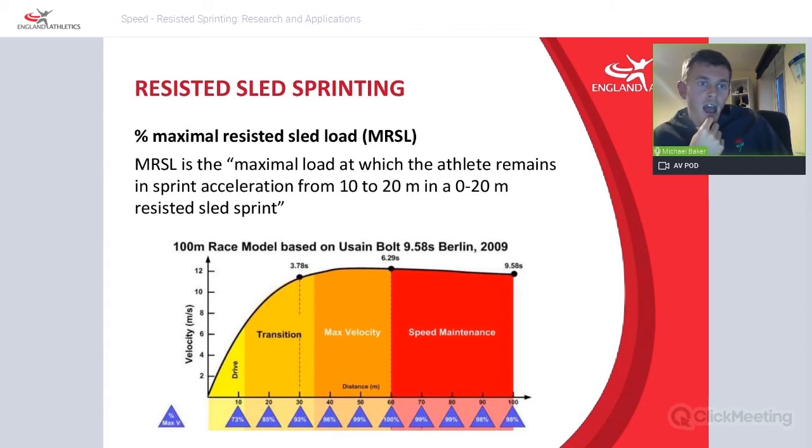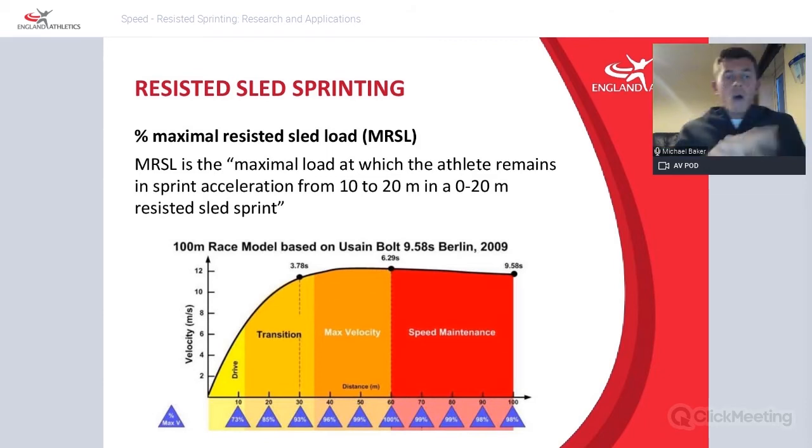The last method of assigning load is the percentage of maximal resisted sled load, i.e. the percentage of MRSL. What I've put on here is the Usain Bolt race model, looking at Usain Bolt's velocity at certain distances within his world record run in Berlin in 2009.